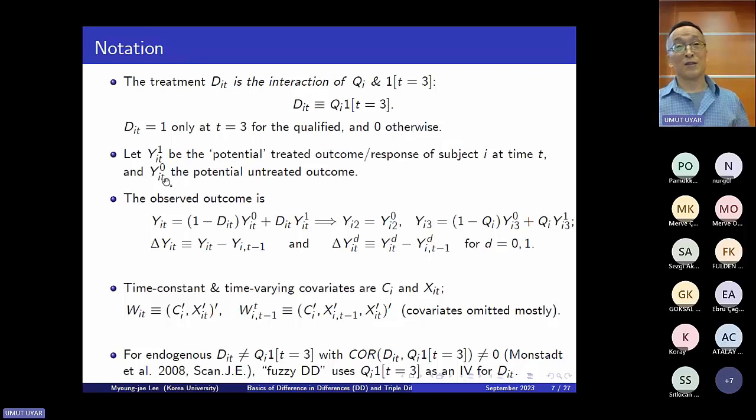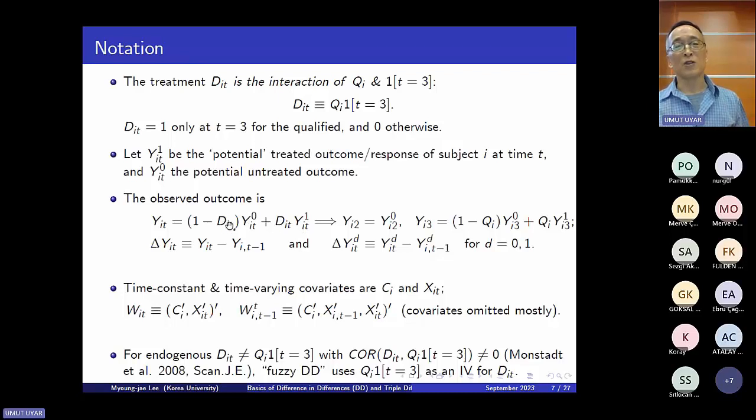Following the usual notation in causal analysis, let Y1 be the potential treated outcome for subject i at time t, and Y0 is potential untreated outcome. With these notations, I can rewrite observed outcome this way.